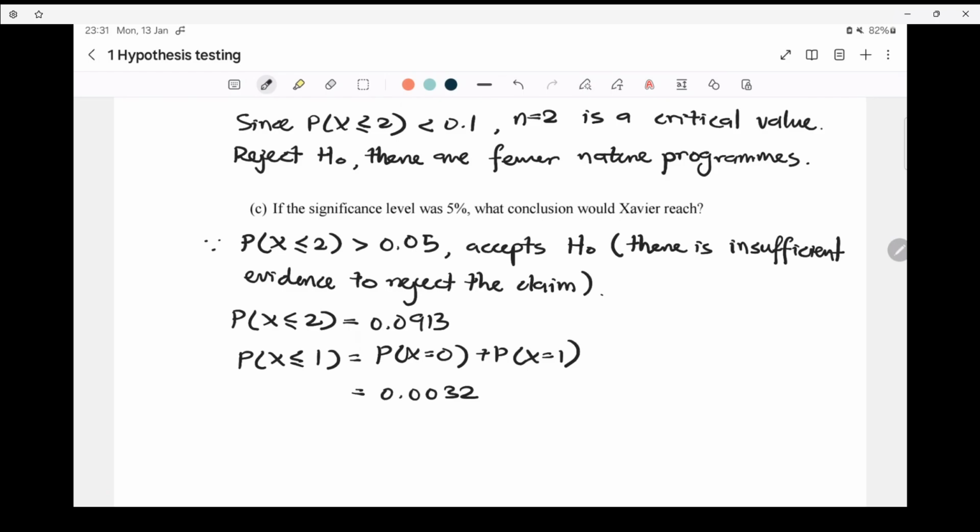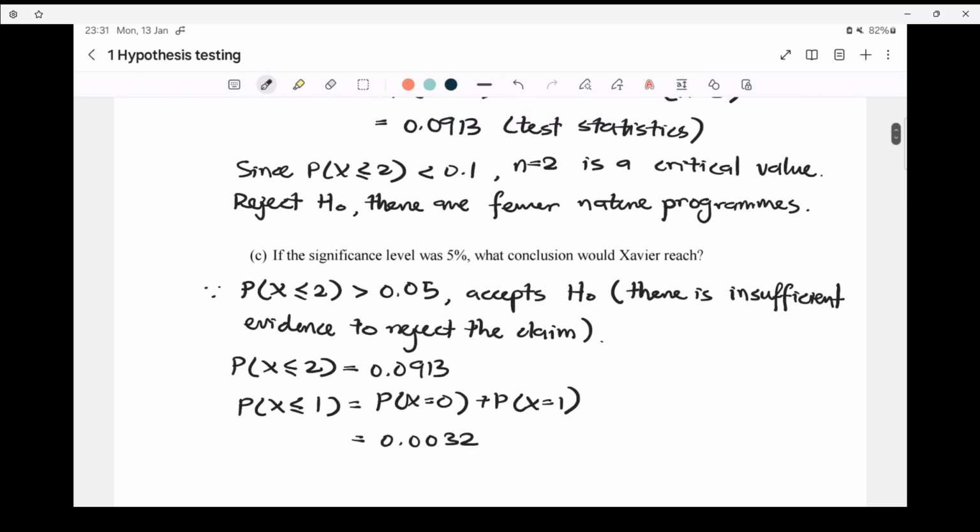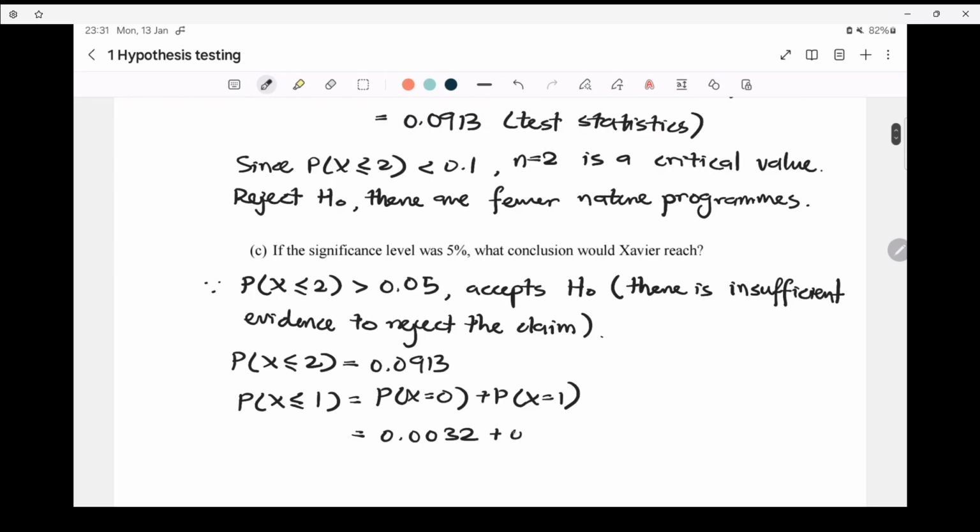P(X = 1) will be 20C1 times 0.25 times 0.75 to the power 19. So this is 0.0211. Let's put it at 4 decimal places.